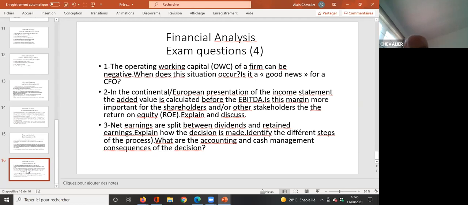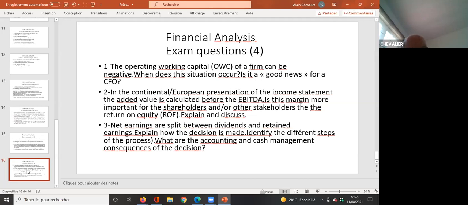I told you I've been living in the food industry for 5-6 years, and each year we had a plan to reduce the operating working capital. For what kind of reason? One year it was to reduce the raw material level. The second one, to reduce the intermediates inventory. The third one was to reduce the credit given to a provider, and so on.